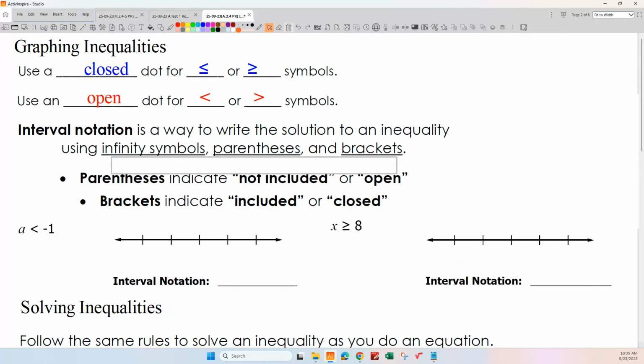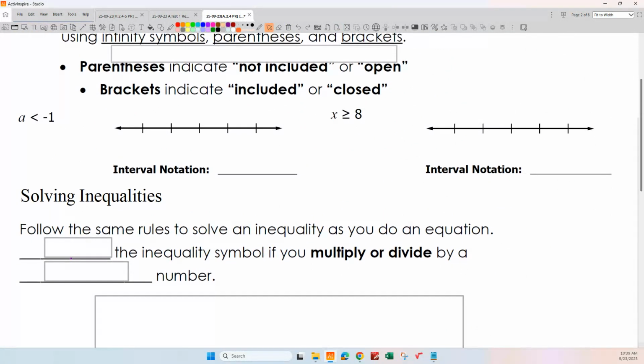So let's try just a couple of these real quick. What if I wanted to graph the inequality a is less than -1 on our number line? How would I graph that? Open circle at -1, and I'm going to shade to the left, because I want the values less than -1.